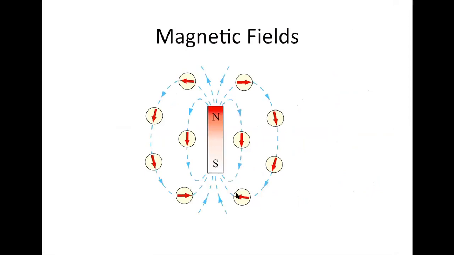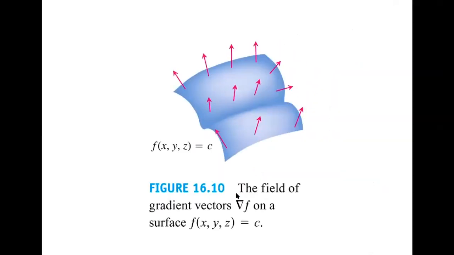And then lastly, you actually have been working with vector fields starting last chapter. And what I want you to recall is we could find at a given point a vector that represented something specific, and that's the gradient. We can think of the gradient itself as forming a vector field if we were to plot the gradient at a bunch of different points.